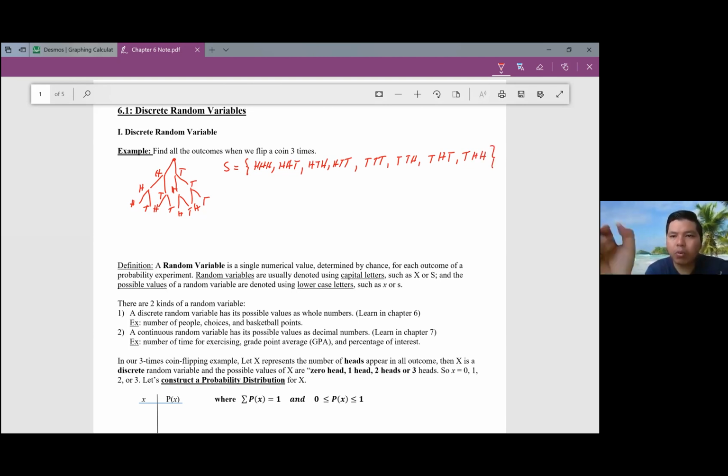That will be all the 8 outcomes that I'm expecting. Because from chapter 5, if you flip 3 times, you have 2 times 2 times 2, so you have 8 outcomes, which is what we expected.